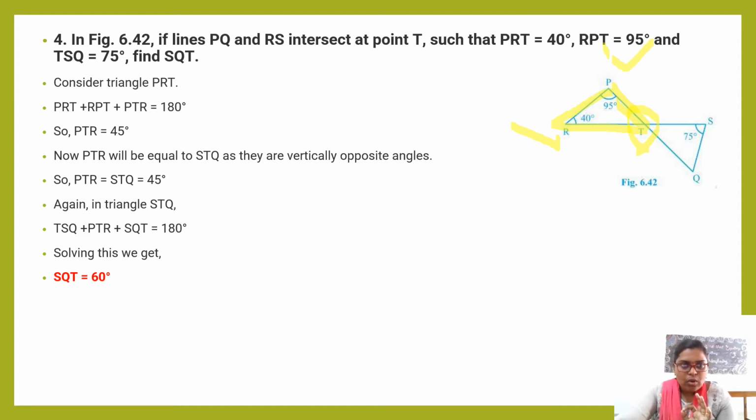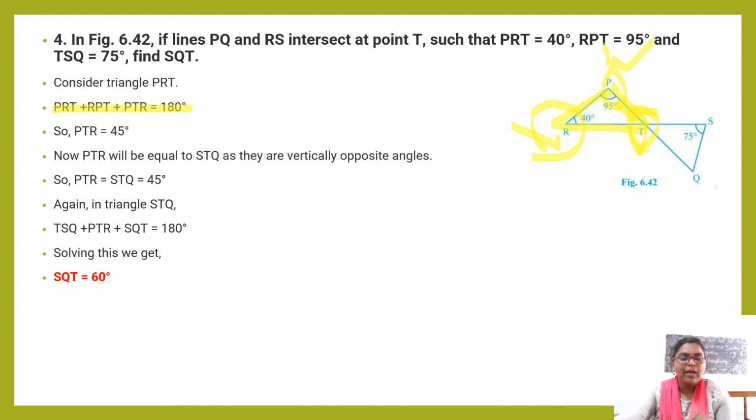Right? So carefully see this. PRT, so angle R. Next RPT, angle P. Next PTR, angle T. So these two angles we know, this we don't know. Right? So what are we going to do? Subtract from 180 degrees. 95 plus 40, then 180 minus this answer.